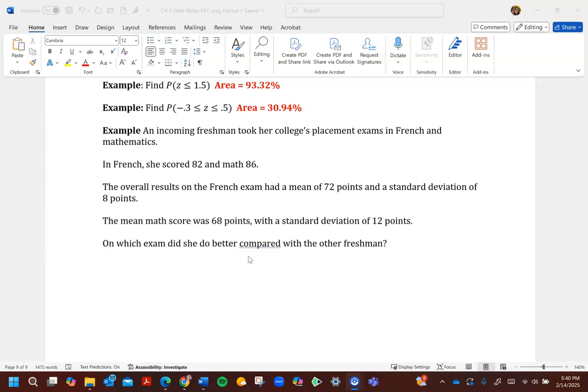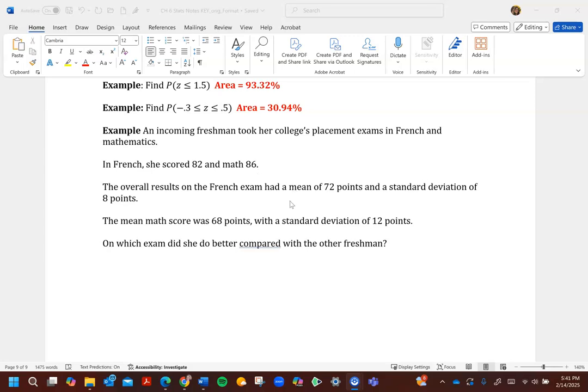So this is very similar to the rainfall compared to the wind speed. What you could do is first find the Z-score for the French exam, and then the Z for the math exam.